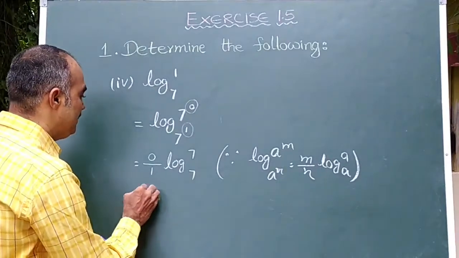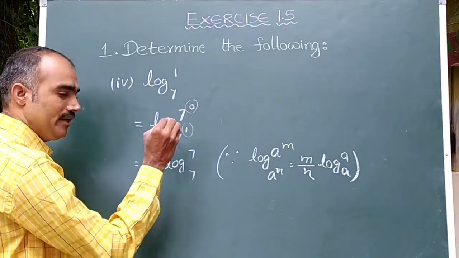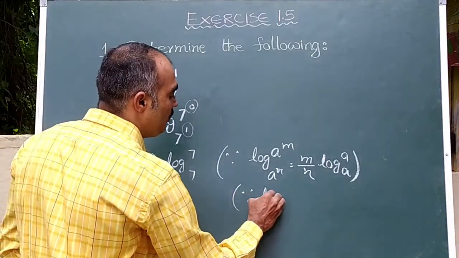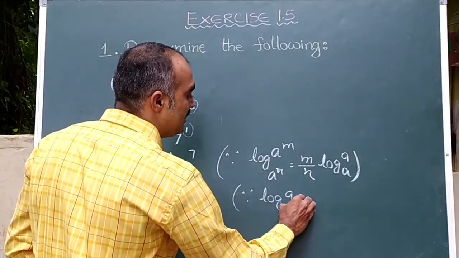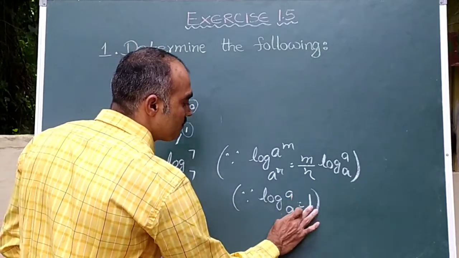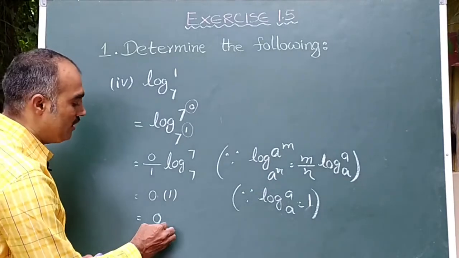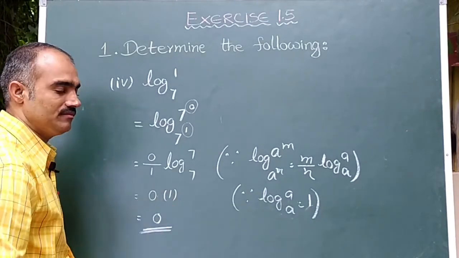So here 0 by anything is 0, into log 7 base 7. I have already told you log a base a is always 1. So log 7 base 7 is also 1, 0 into 1 is 0. So 0 is the final answer.